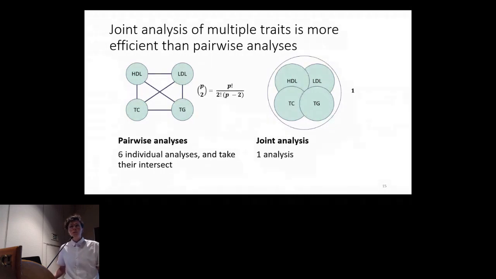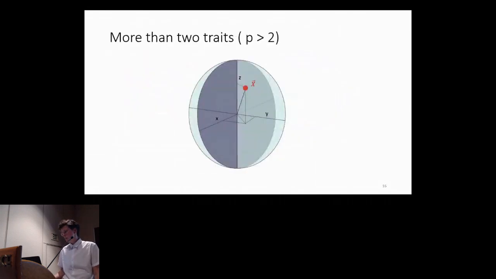So this was really clearly a motivation for us to figure out how can we apply this for more than 2 traits. And now I will walk you through the example for 3 dimensions, just to keep it a bit easy. But actually this approach works for an infinite number of dimensions.